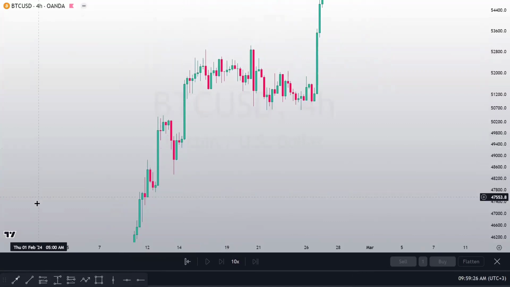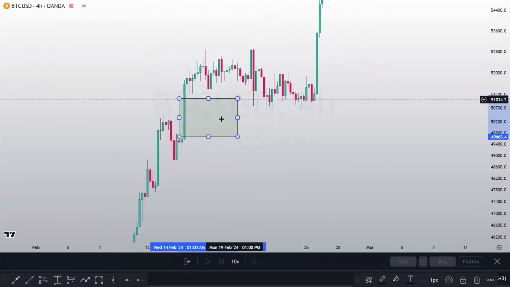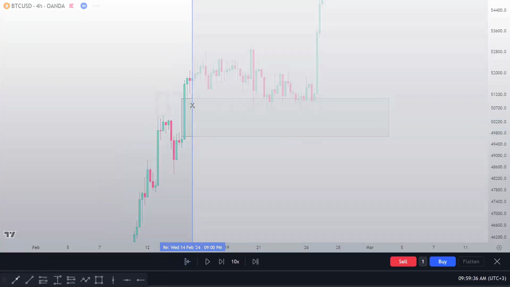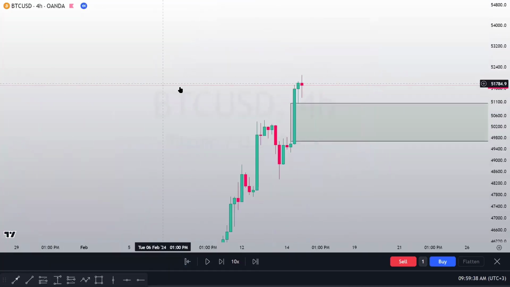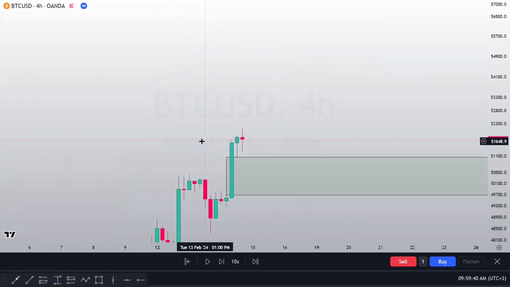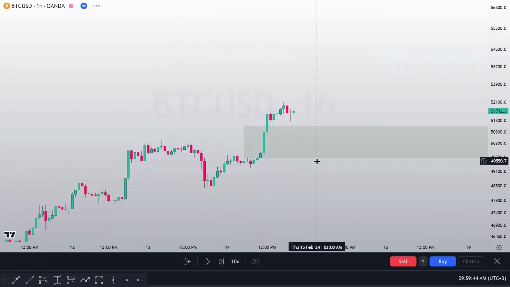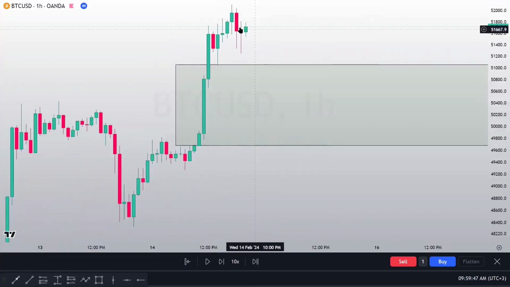So clearly, let us use the rectangle. If you mark this area, for example, on these concepts, we don't have to follow the time frame coordination. You just have to go with the flow. If you go to the 1 hour time frame, we don't observe actually anything on this area.